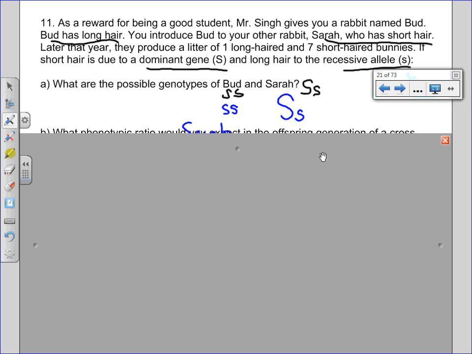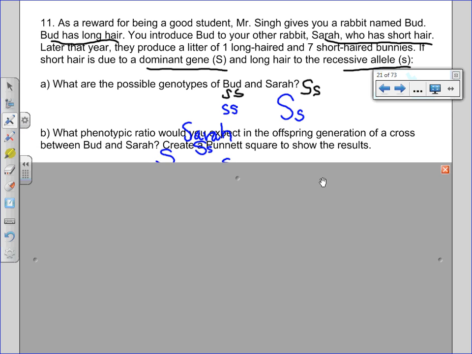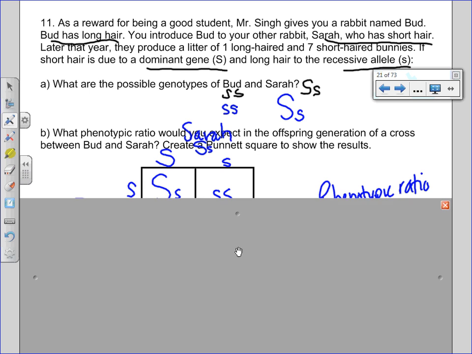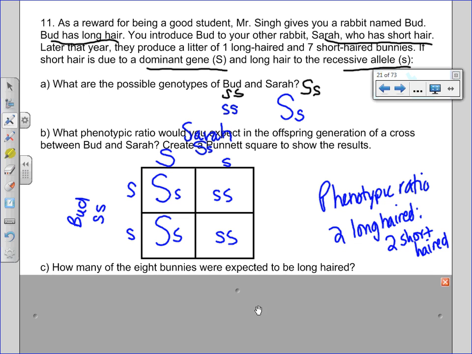Okay, so then it says, what phenotypic ratio would you expect in the offspring generation of a cross between Bud and Sarah? Create a Punnett square to show the results. So Sarah would be big S, little s, and Bud would be little s, little s. So we're going to set up the Punnett square.